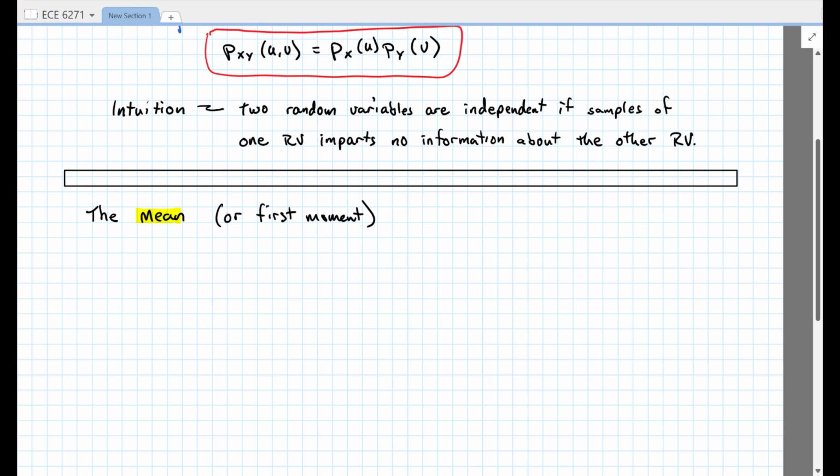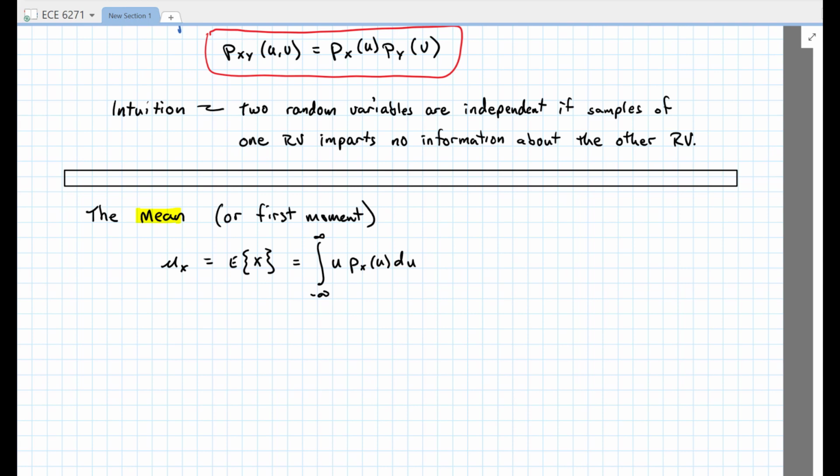The mean is defined as, and we're often going to use the Greek letter mu as the expected value, denoted here by E, which is the integral of a value times the PDF.